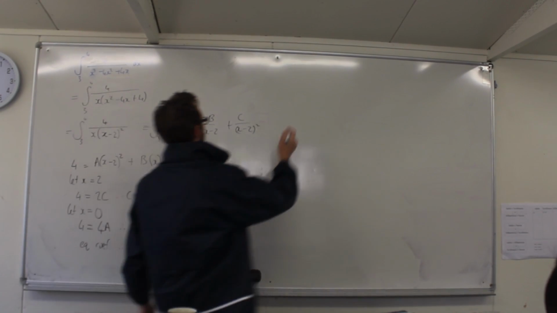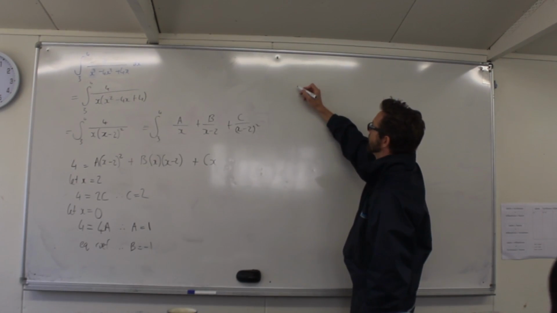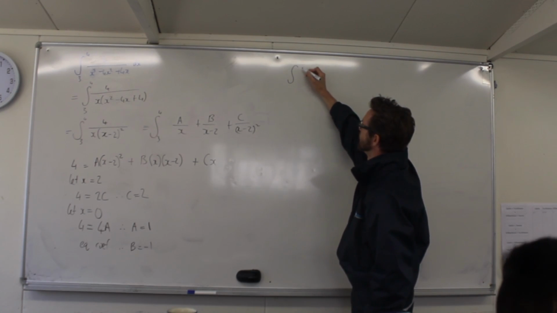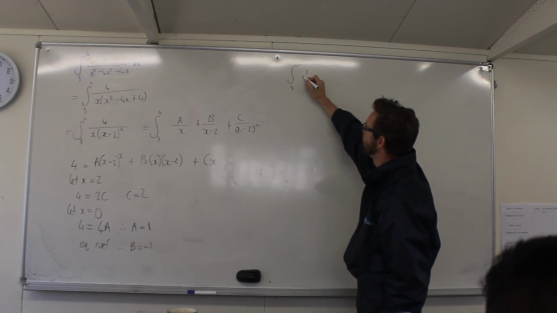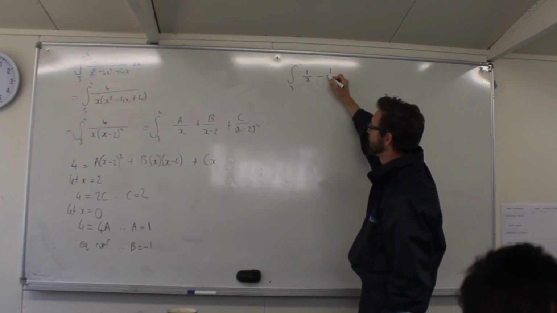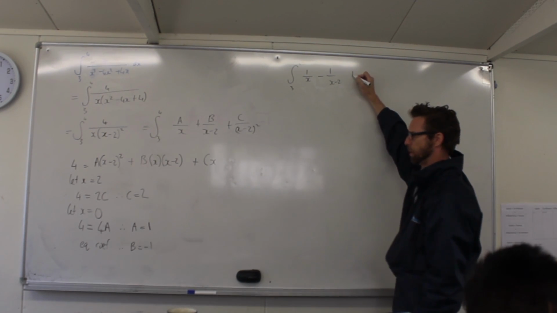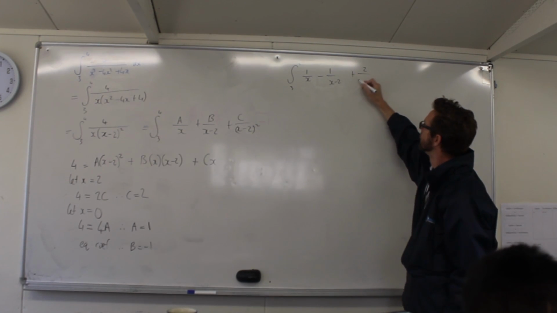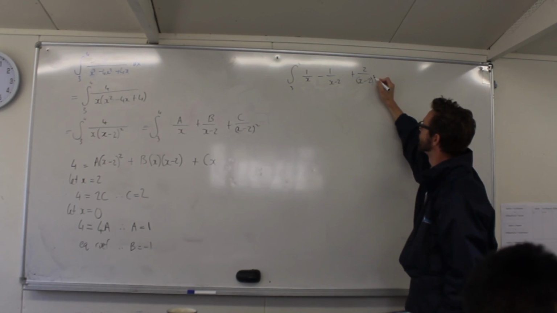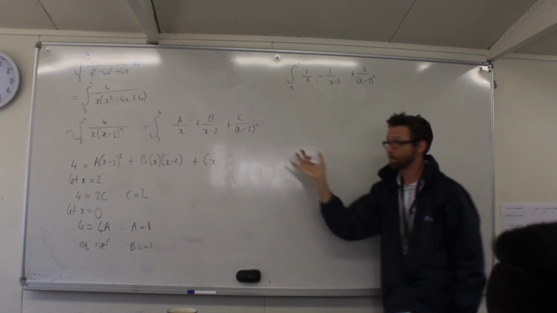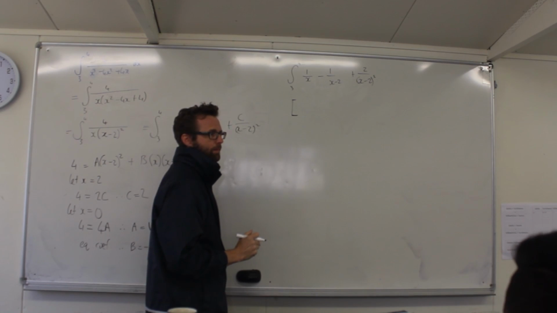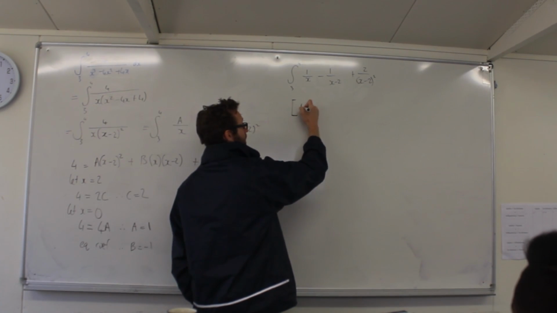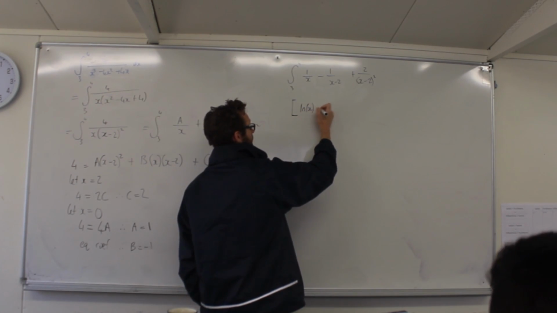And now we're over here, so we can say we're going to integrate 1 over x minus 1 over x minus 2 plus 2 over x minus 2 all squared. Big brackets. This one here, ln x.